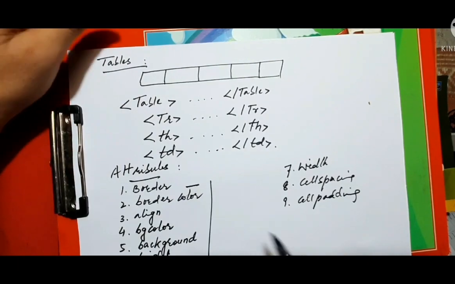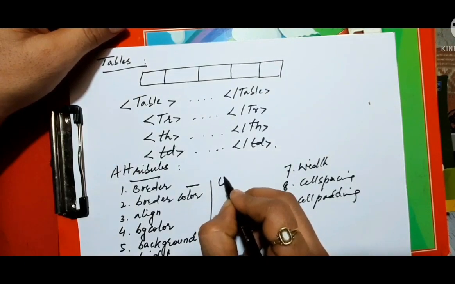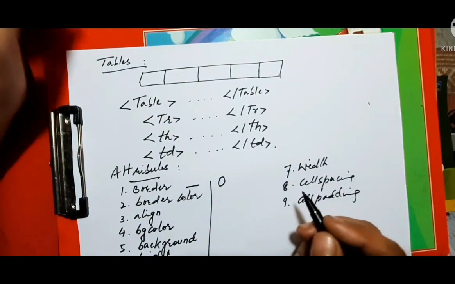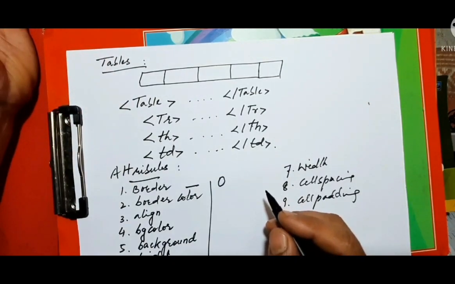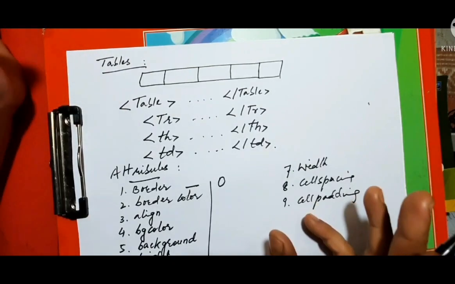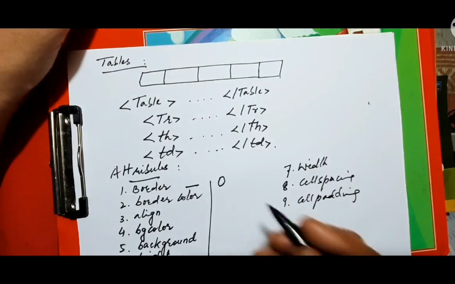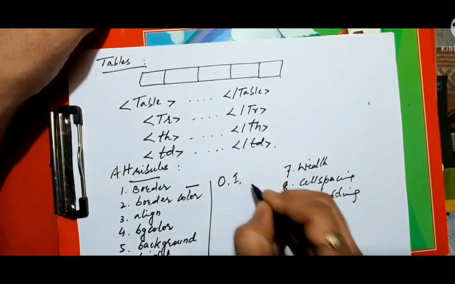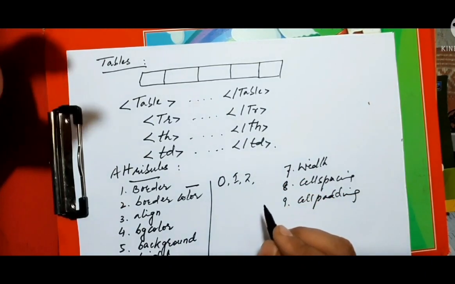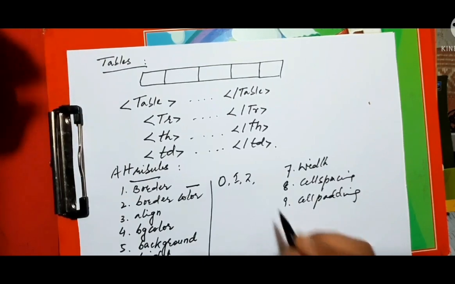So if you specify border is equal to 0, it means no border will be shown, no lines of the table will be shown, so the table will become invisible. And if you specify 1, then lines will be displayed. With 2, the width of the line starts increasing.